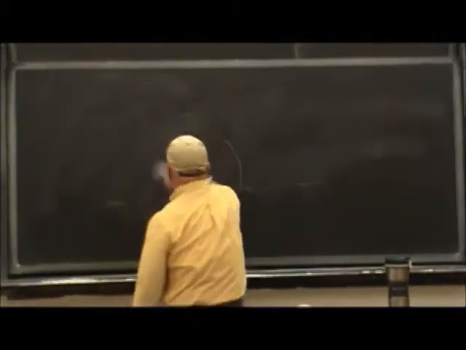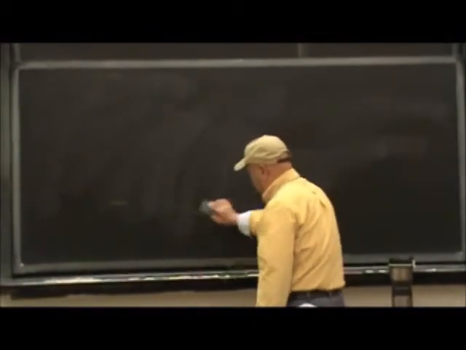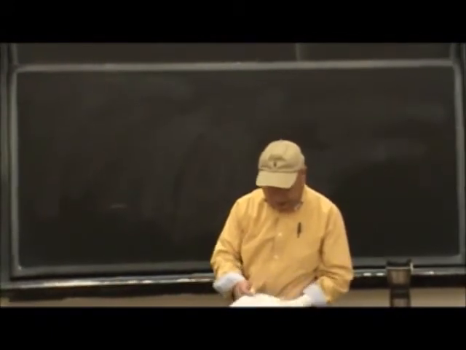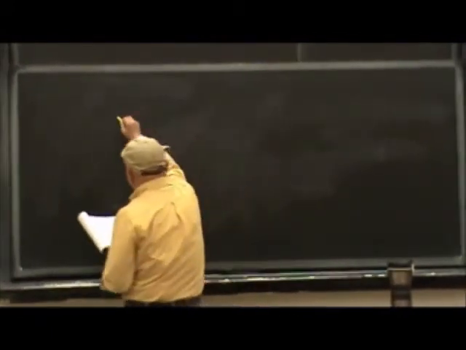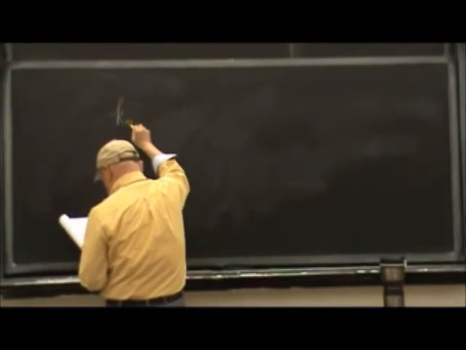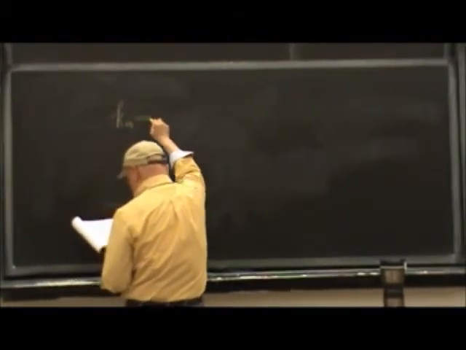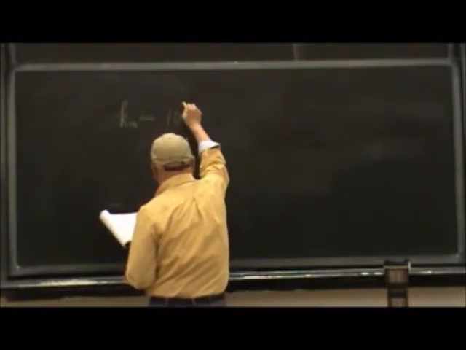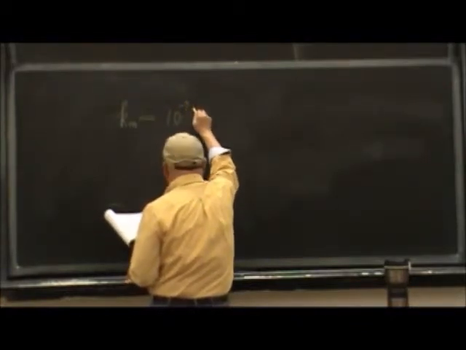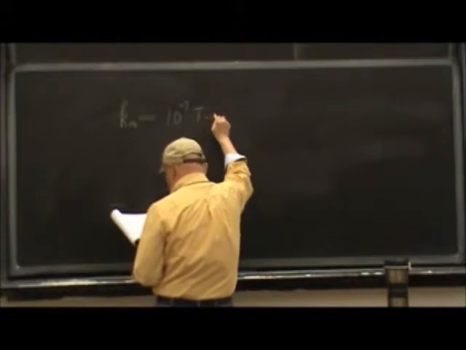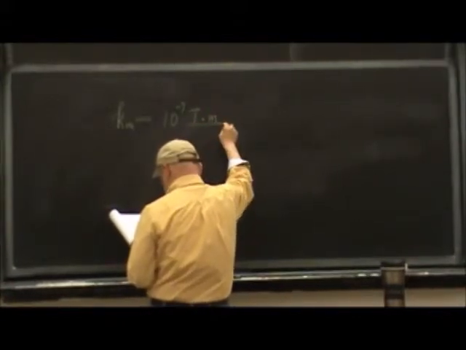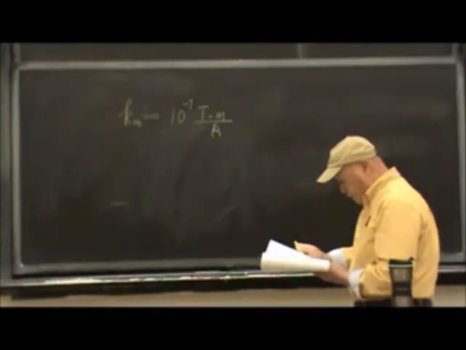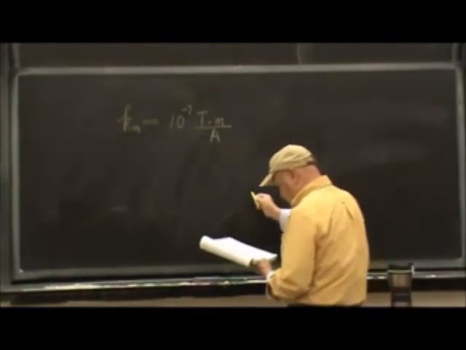Then what is Km? In this case, Km is a constant, which is equal to 10 to the minus 7 Tesla meter per ampere. An ampere is current, meaning charge per unit time.